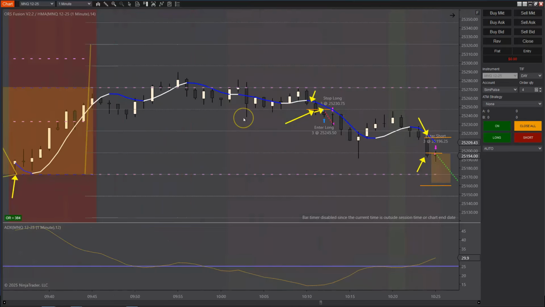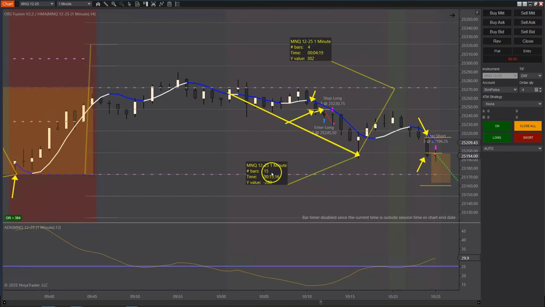I'm sure everybody's been in trades that go however many ticks in one direction and then come all the way back up and stop you out. So you would have eaten into 300 ticks or $500 worth of your drawdown just to come back to break even.